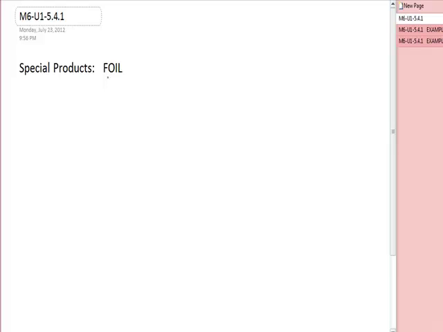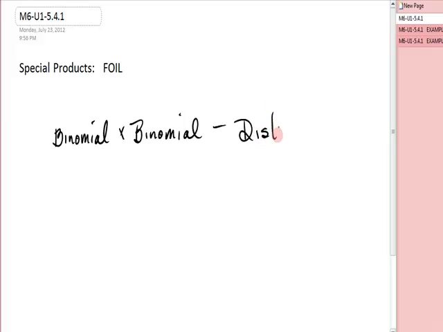But before I look at FOIL, I want to remind you that you can multiply a binomial times a binomial using the distributive property if you wanted to. You're going to do it one term at a time, but suppose you had x plus 2 times x plus 3.